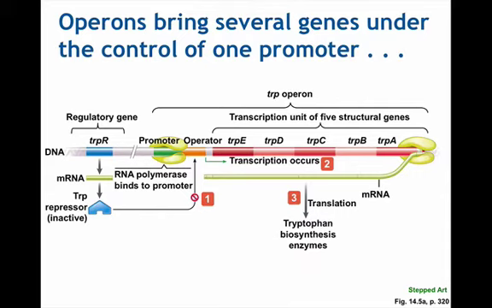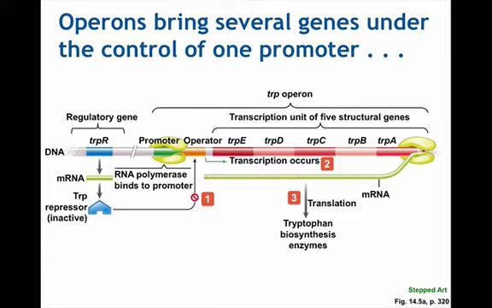Okay, so it's really no more complicated than that. A bunch of genes under the control of one promoter that is in turn regulated by the binding of a repressor onto the operator, and the repressor is coded by an independent gene, trpR.